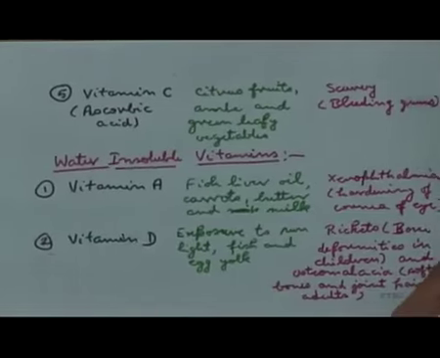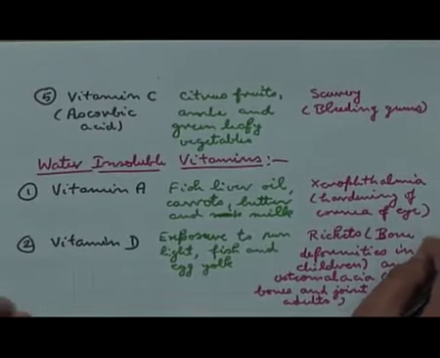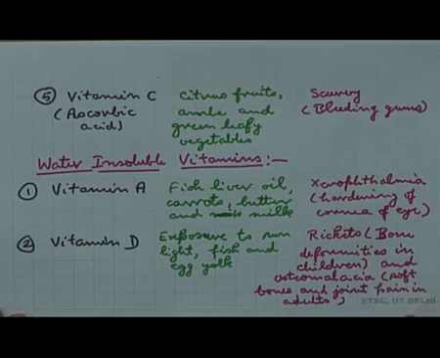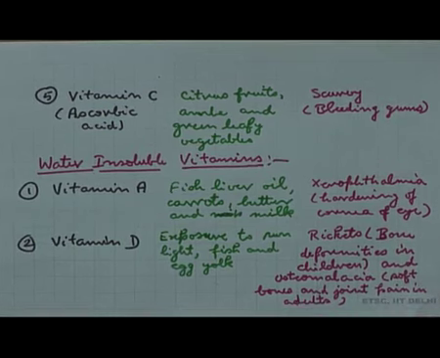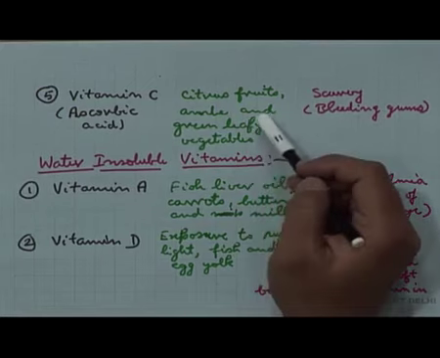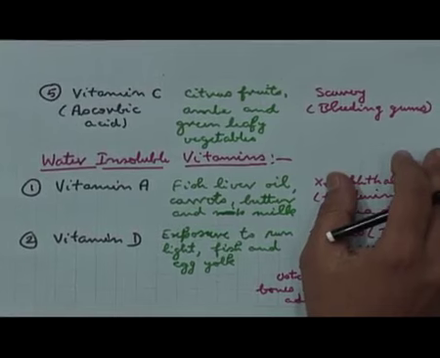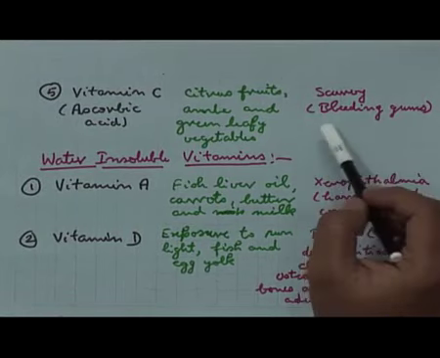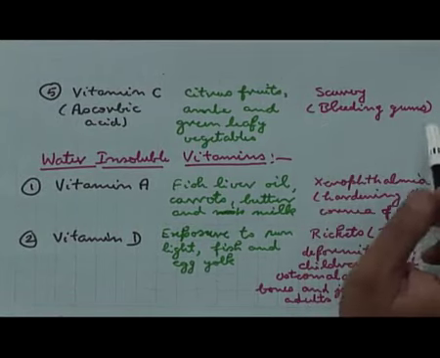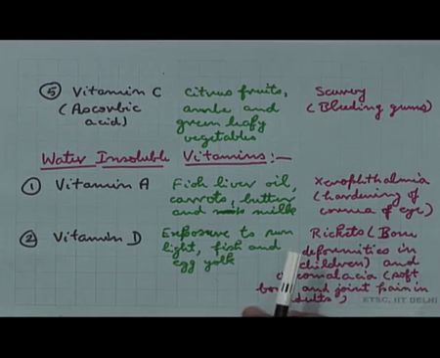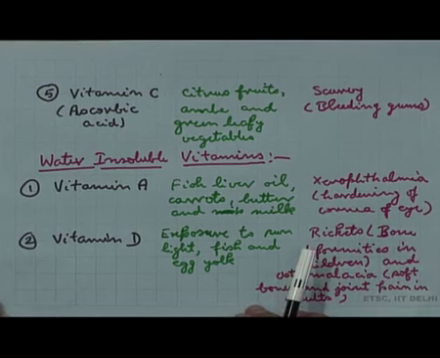Now, the fifth one is vitamin C or ascorbic acid, obtained from citrus fruit, amla and green leafy vegetables, and its deficiency leads to scurvy, whose symptom is bleeding gums. This much about the water soluble vitamins.